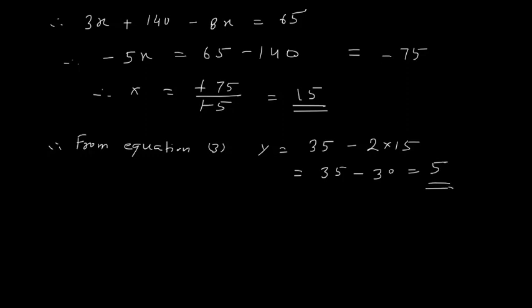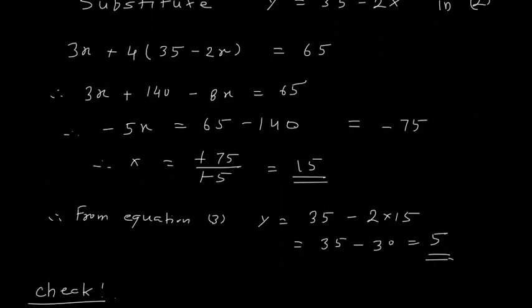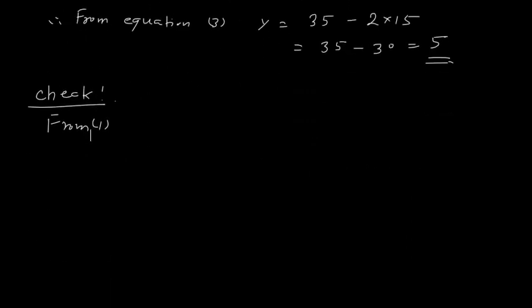Now here I want to check, so I will check from equation 1. We have 2x plus y. LHS is 2x plus y is equal to 2 into x, which is 15, plus y, which is 5.